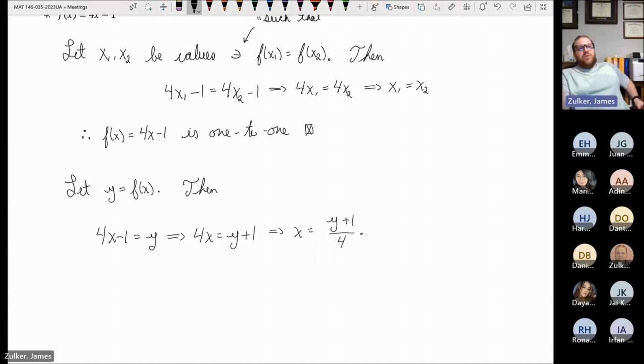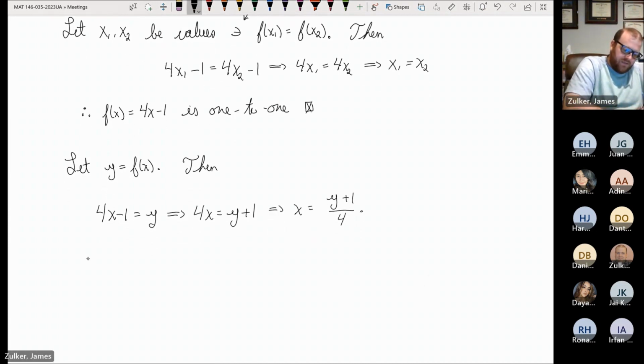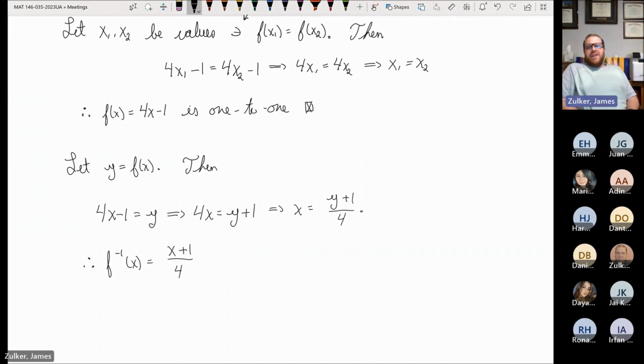Since we've already shown that f is 1-to-1, we know that this is the only value of x that would map to y. What we now do is just flip the roles of y and x. And so our inverse function would be x plus 1 over 4.